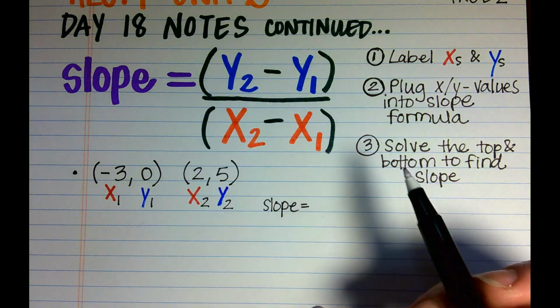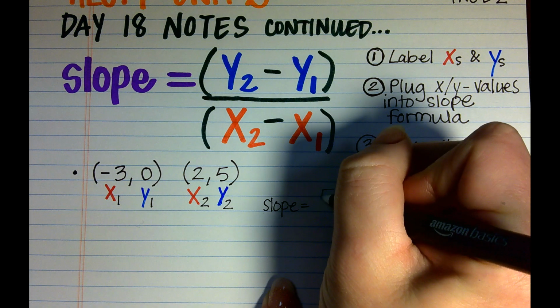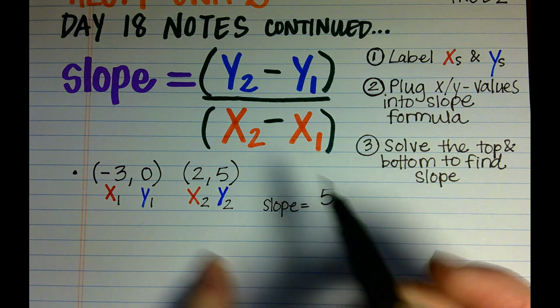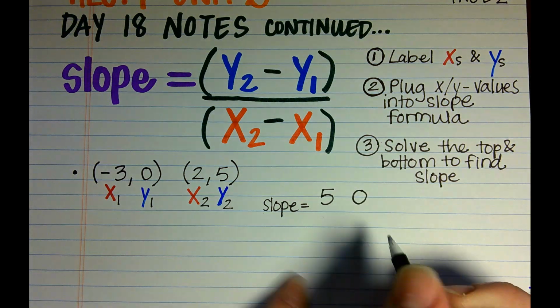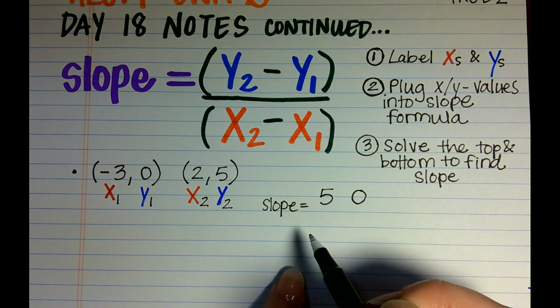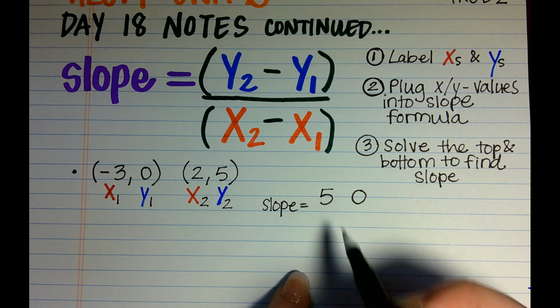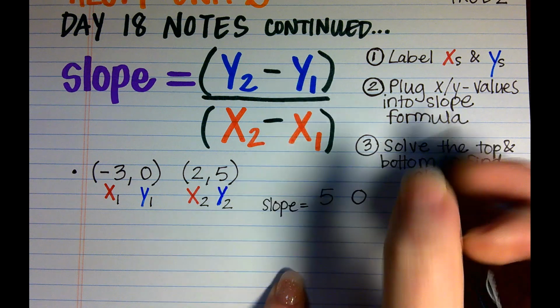Perfect. So I'm going to write y2. What's that? Gonna be number 5. Gonna be the 0 for the y1. Good. 5 and 0. And what goes in between 5 and 0? Minus. We have y2 minus y1.